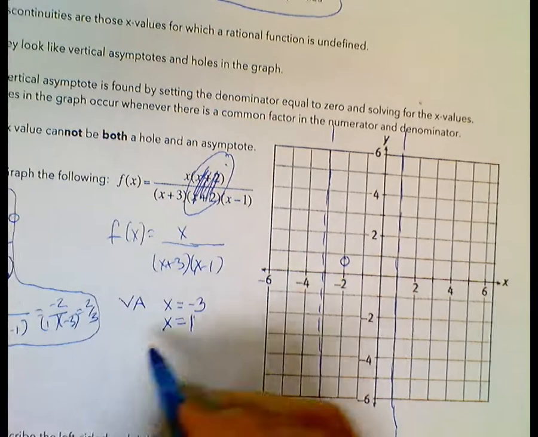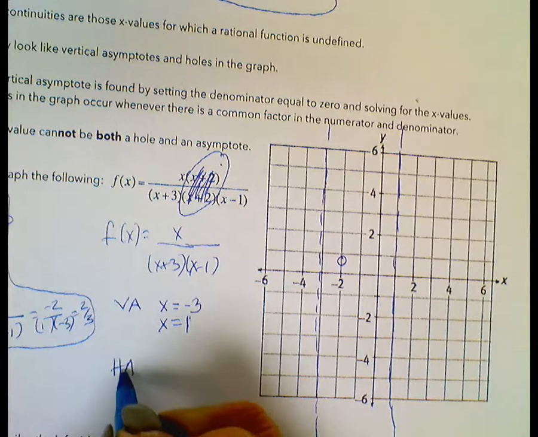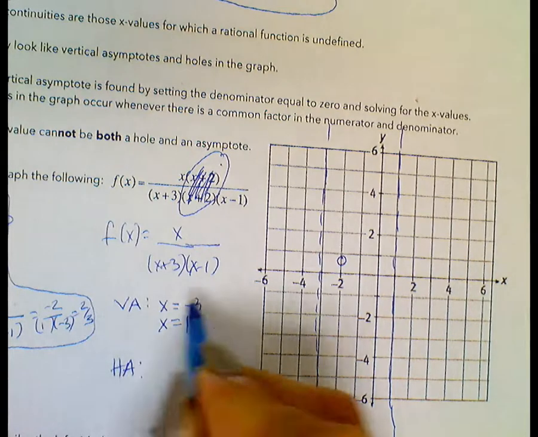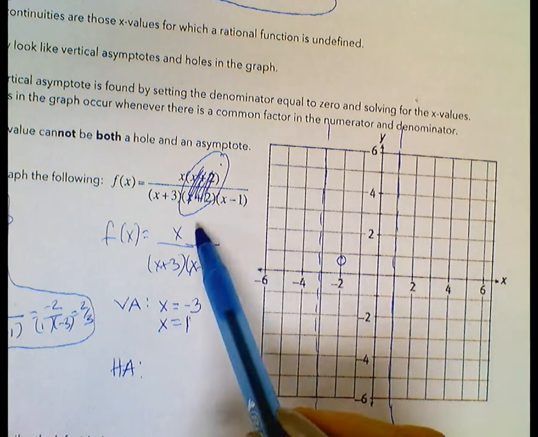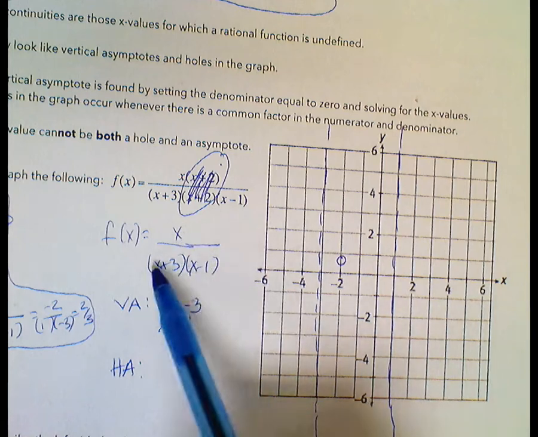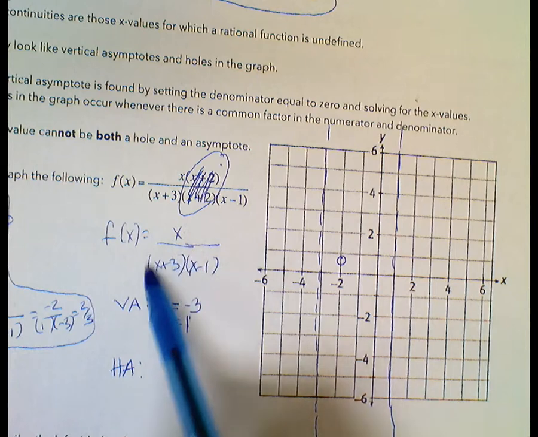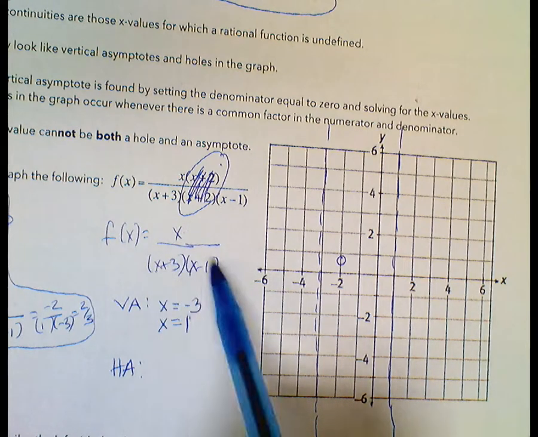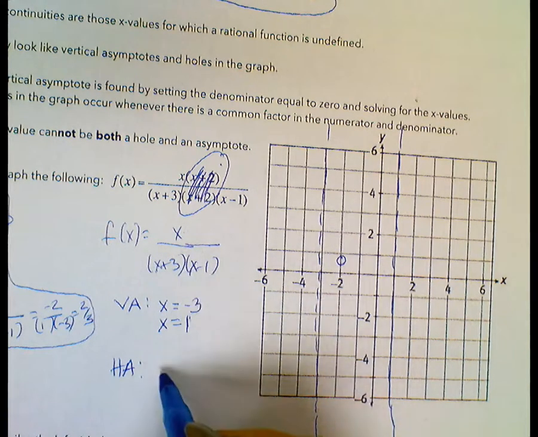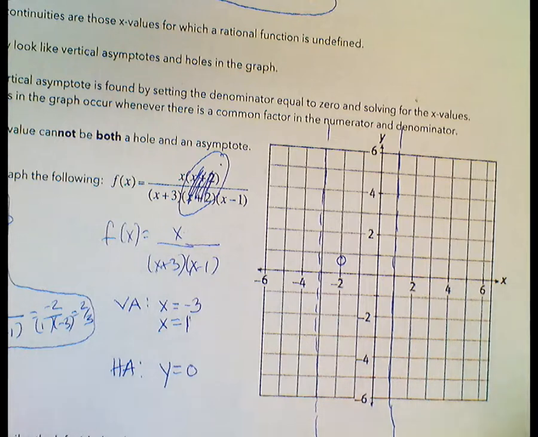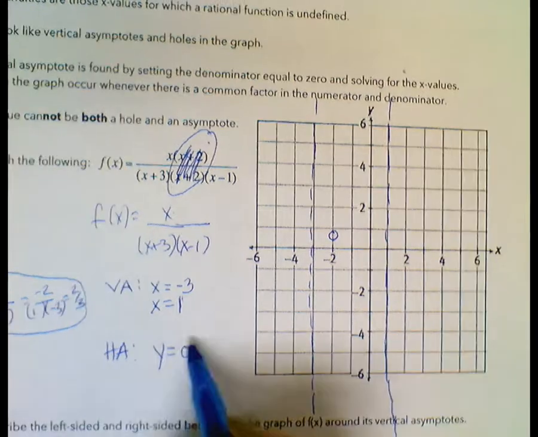Well, let's go ahead and find the horizontal asymptote first. Because the numerator has degree 1, the x, and the denominator has 2 x's, the numerator is smaller in degree than the denominator. A linear is smaller than a quadratic. Therefore, it's y equals 0 for your horizontal asymptote.